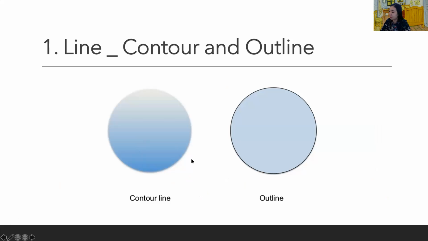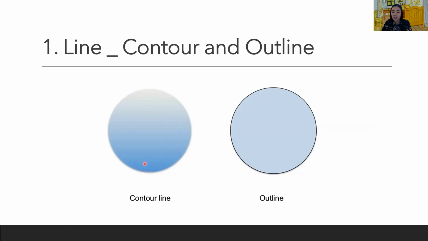What's the difference, everyone, between the contour line and outline? The outline has a line where you can actually see where it's bordered. Yes. The contour line doesn't have a border around it. Perfect. Very good. As you can see, there is no defined line on the contour line image, right?